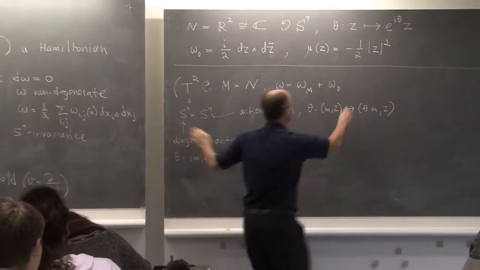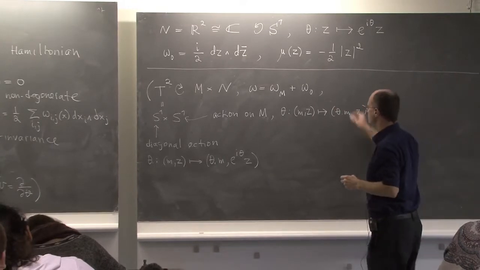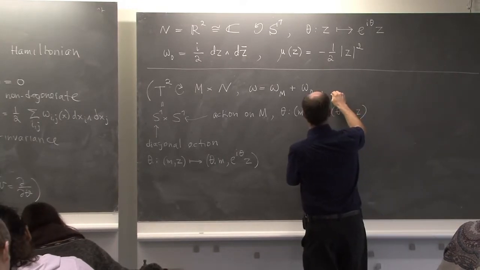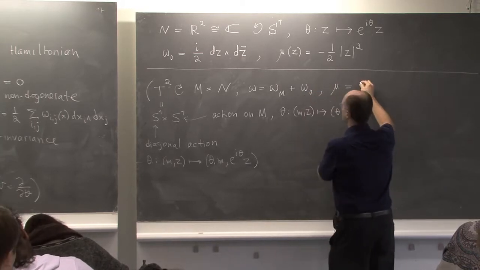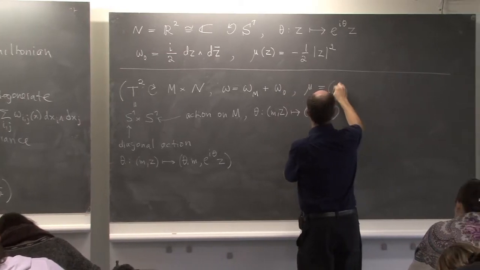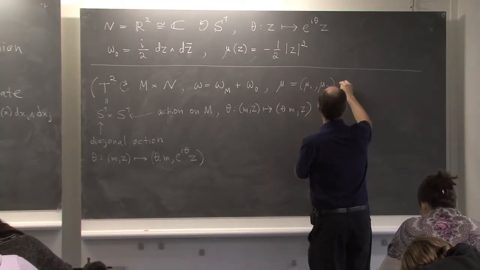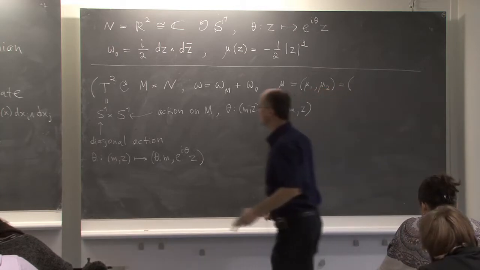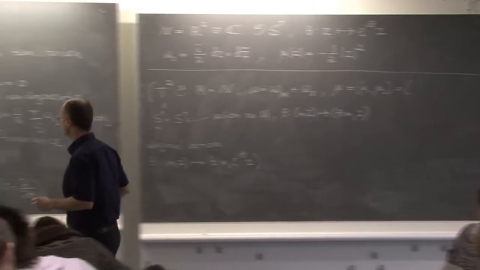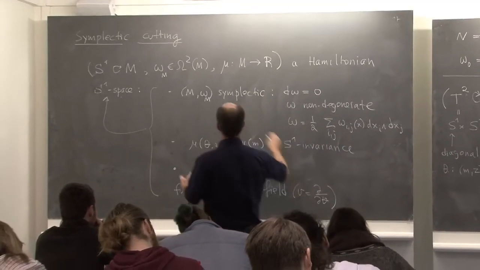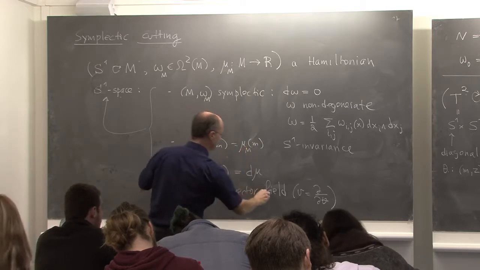So a claim, an easy claim, is that this is a Hamiltonian T2 space if I take the moment map mu, let me call it mu1, mu2. For the first component, I add the moment maps. Probably I should also call this guy mu m.